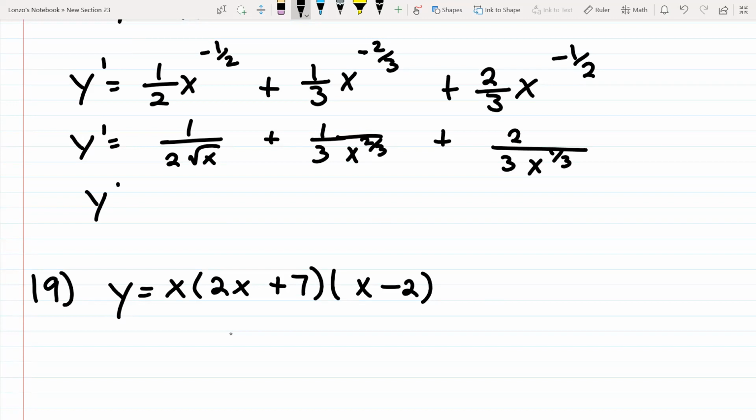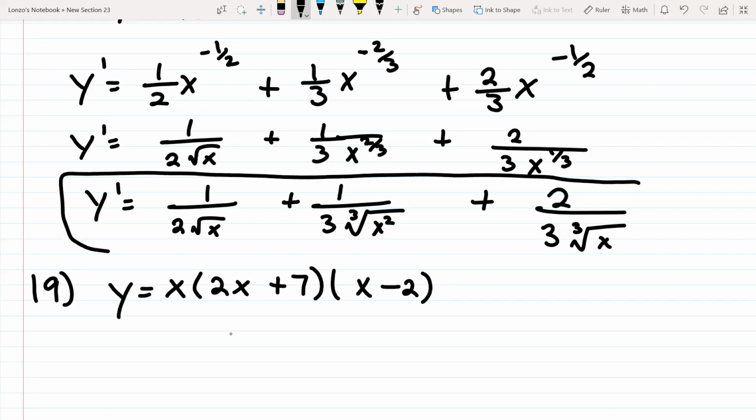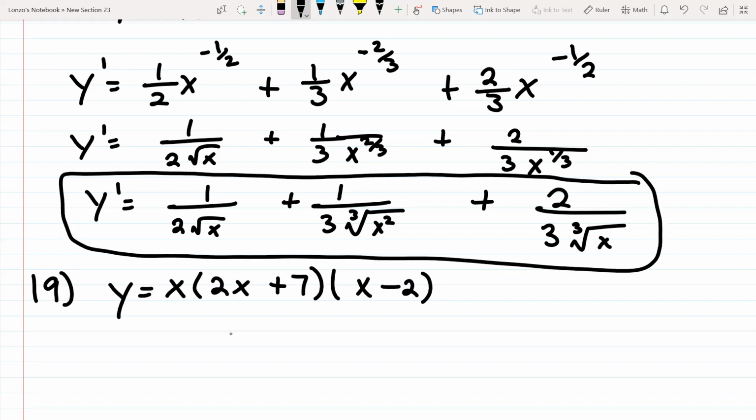So your final answer would be y prime equals 1/2 radical x plus 1/3 times x to the 2/3, which is the cube root of x squared, plus 2/3 and then the cube root of x. Final answer.